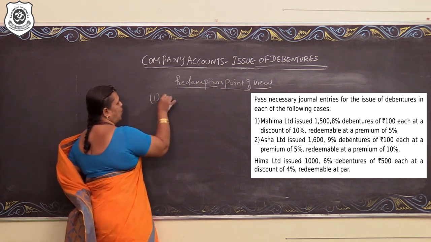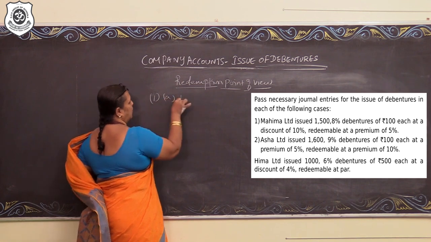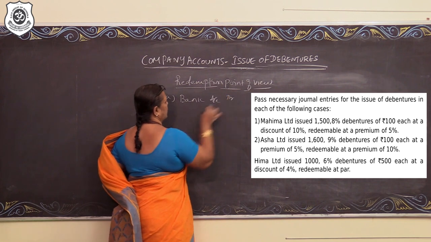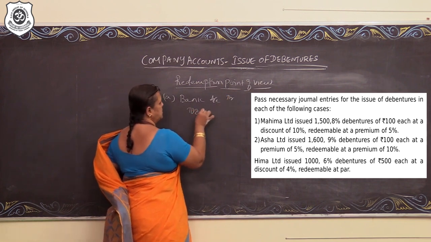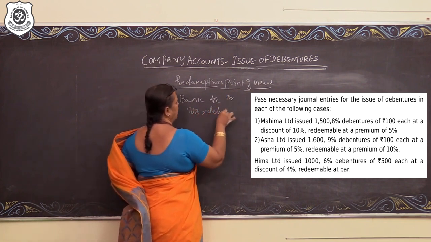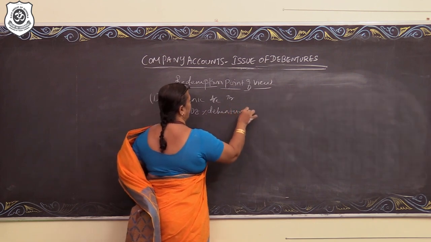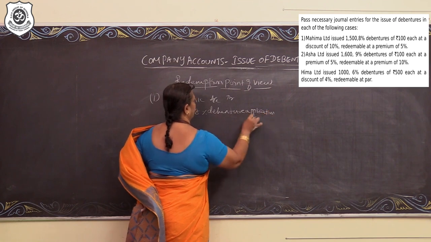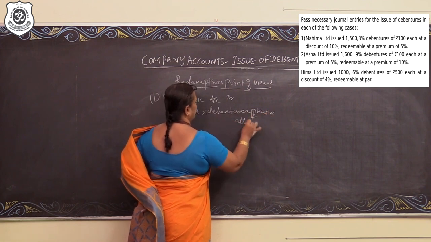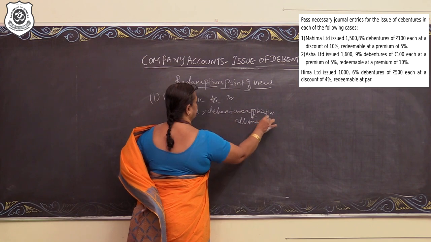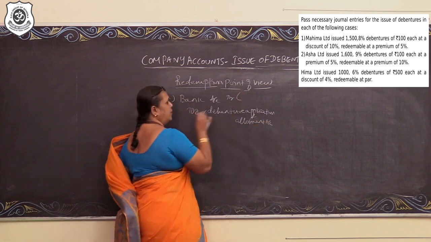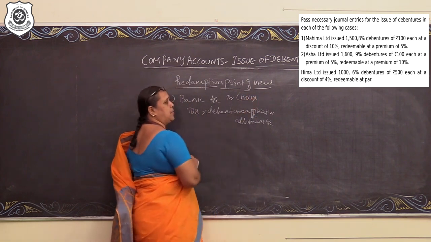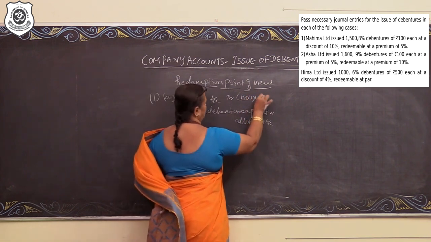So problem number 1A, entry number 1, bank account debit to 8% debenture application and allotment account. So you will have 1,500 debentures into, please remember they are issued at a discount of 10%.